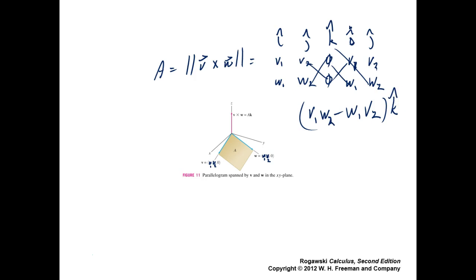So the area would be exactly that: V1, W2 minus V2, W1, it doesn't matter which order you multiply.